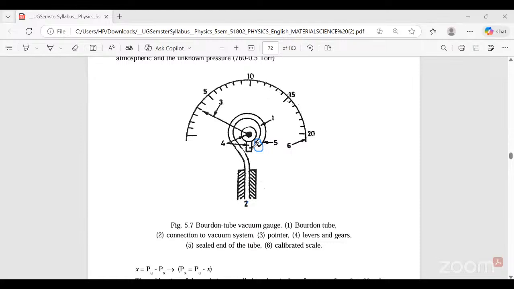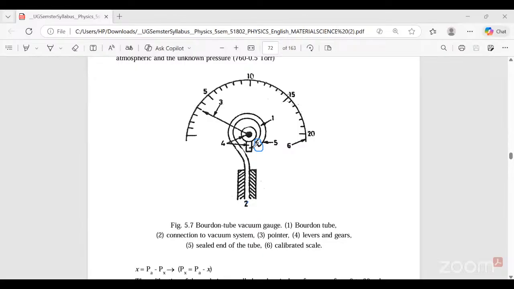If the tube material changes, the measured pressure changes. So this is about the Bourdon gauge.